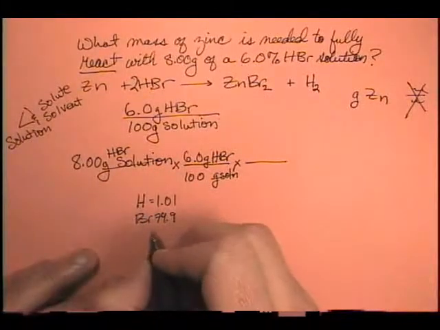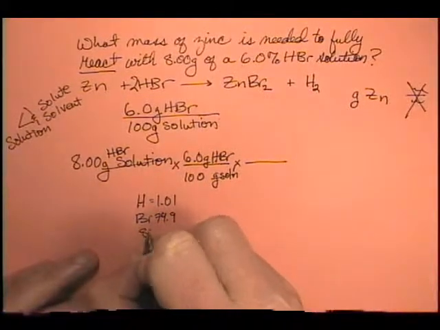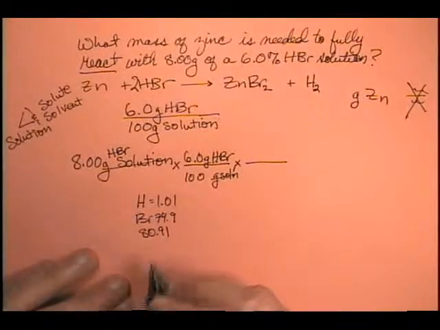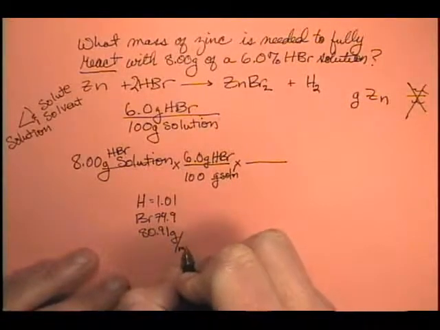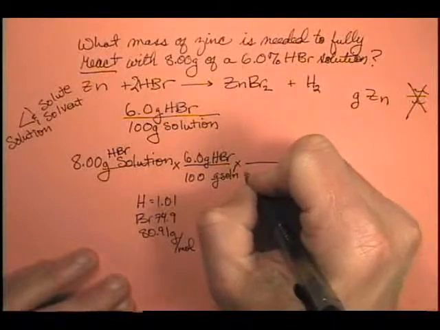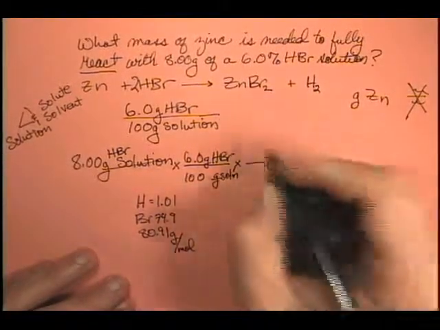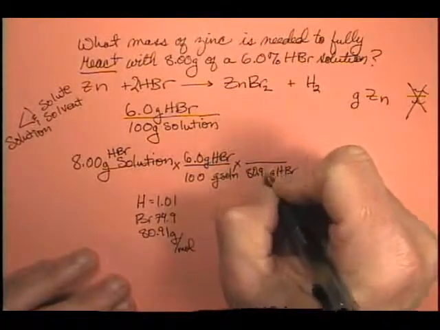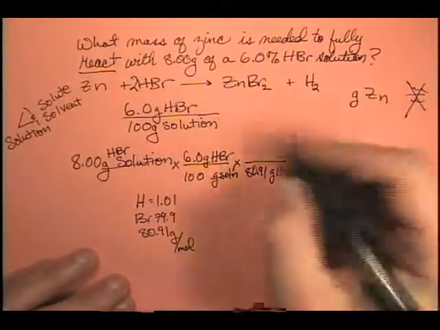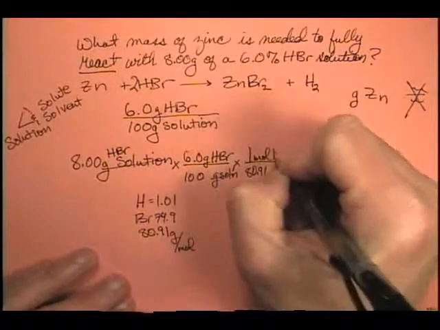So what do we have? We have 80.91 grams per mole. So I know that I need grams of HBr down here. 80.91 is 1 mole of HBr.